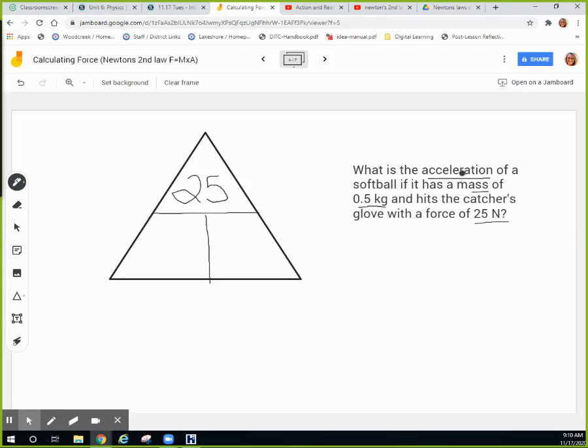We're looking for acceleration, and the mass was 0.5 kilograms. So we need to divide 25 newtons by 0.5 kilograms. And that gives us an acceleration of 50 meters per second squared. Acceleration is meters per second squared.